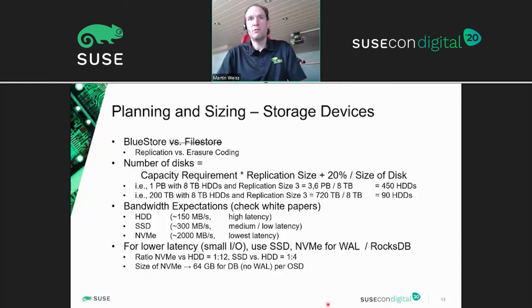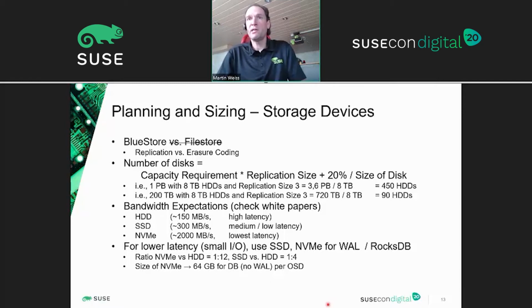When we put NVMEs for the RocksDB of HDDs, we recommend a ratio of 1 to 12 if you use NVMEs, or 1 to 4 if you use SSDs, so that we get low latency for small I/O and for metadata changes.